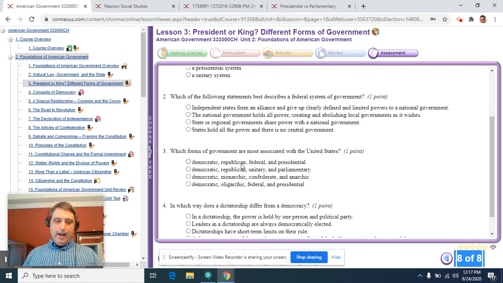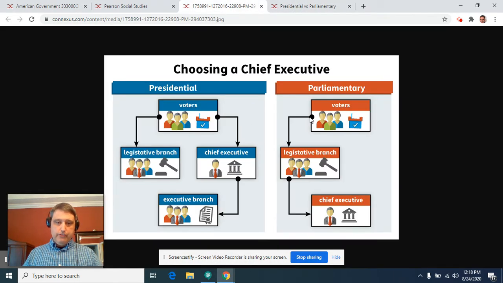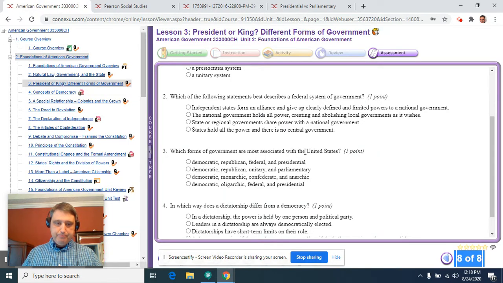That's that indirect democracy. Do we have that? Absolutely. Okay. Then you've got to figure out, well, do we have a federal or a unitary system? Again, we talked about that. If you're not sure, if you need to review that, go back to slide 2. That'll help you figure that out. Okay. And then finally, presidential or parliamentary. And we talked about that with this slide here. Okay. So you might want to go back and look at that again before you answer.